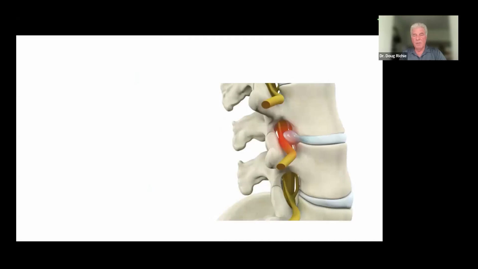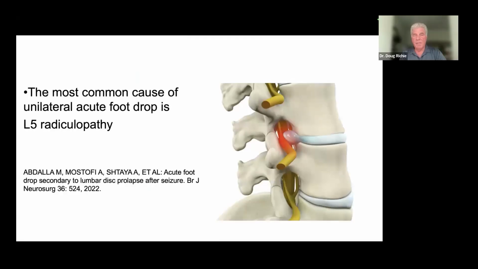So it's well known and documented that acute foot drop is almost always due to L5 radiculopathy. In other words, a patient who goes to bed healthy, wakes up in the morning with a foot drop, your number one differential should be a herniated lumbar disc. This is not the most common cause of foot drop, but it's the most common cause of acute onset of foot drop.